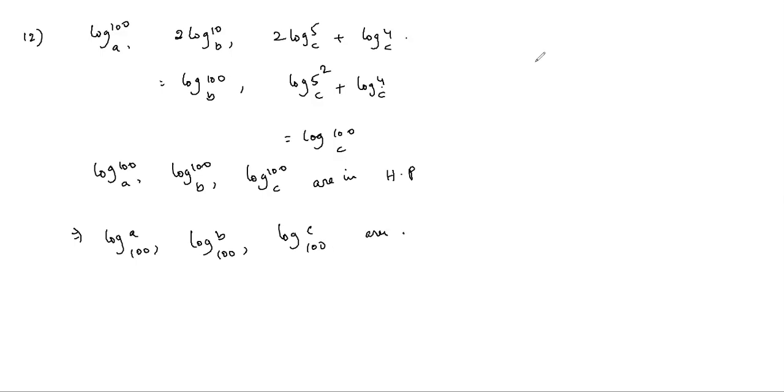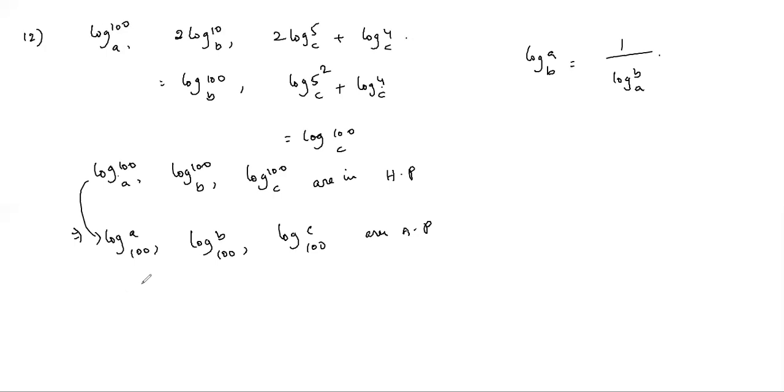You know the property? Log a base b you can write as 1 by log b base a. If you take the reciprocal, you can change the log. So I am writing log a base 100, which is the reciprocal of this one.